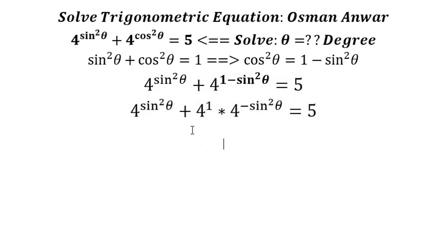We can split this into 4 to the 1 times 4 to the minus sine squared theta. Then this is 4 to the power of sine squared theta plus 4 to the 1 times 4 to the minus sine squared theta equals 5.